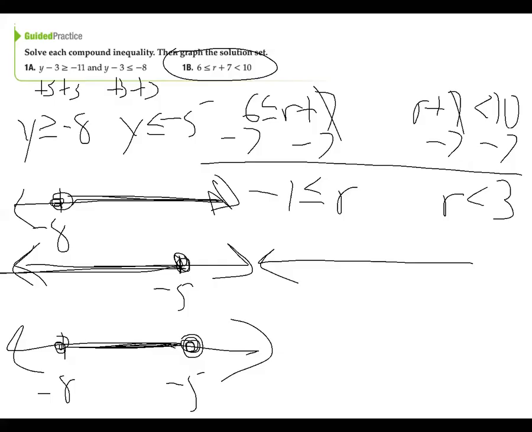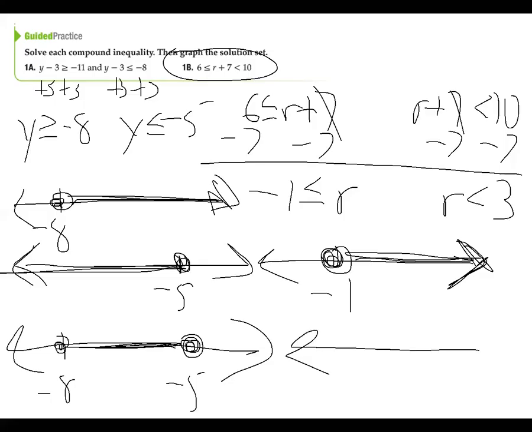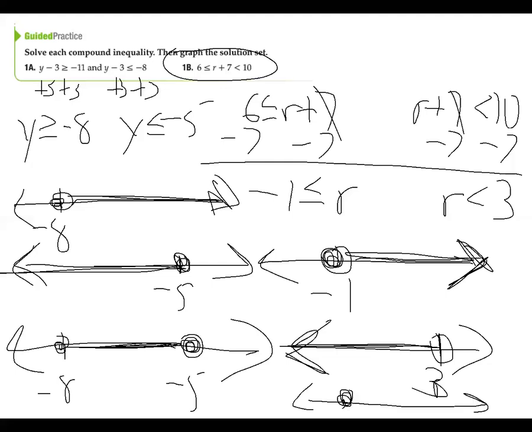So for the first one, here's negative 1, closed circle, and r is greater than negative 1, so right there. And this one is open circle on 3 and everything below it. Then putting them together, you'd have a closed circle on negative 1, open circle on 3, and everything in between.